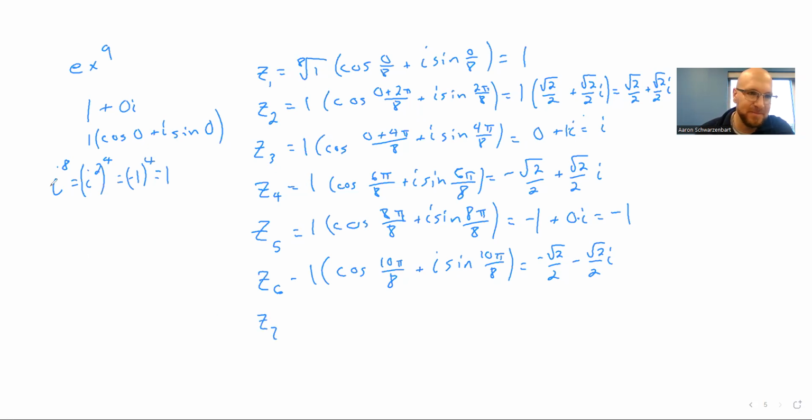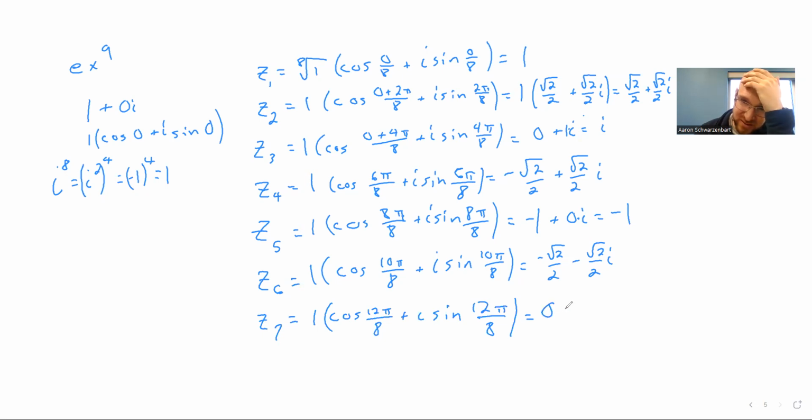Z7. That should be an equals. Now I'm up to 12 pi over 8. And I just keep adding 2 pi each time. 12 pi over 8 is 3 pi over 2.